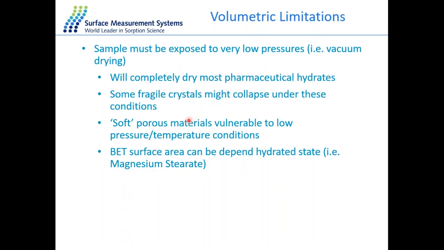It can cause pore collapse or cake collapse or other dehydration that may not be what you actually want to do. So just by running these experiments at very low pressures, I could change the material, and I'm not getting the native surface area of the material I want to study.